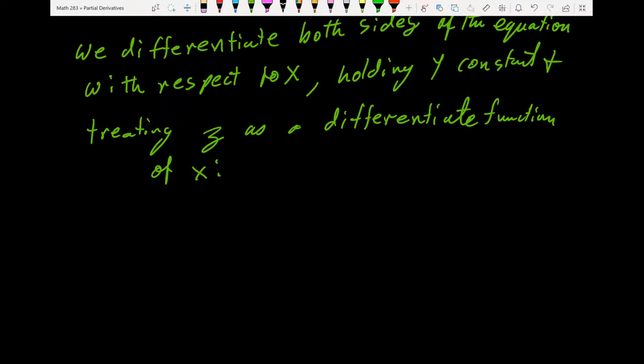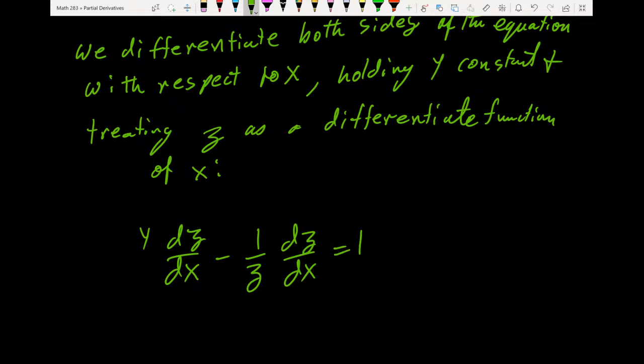I already had the answers. So y dz/dx plus minus 1 over z dz/dx equals 1.